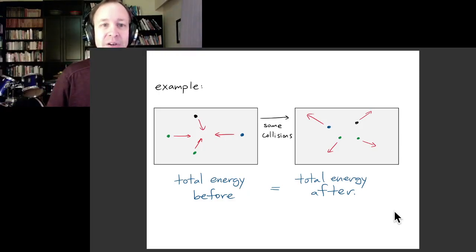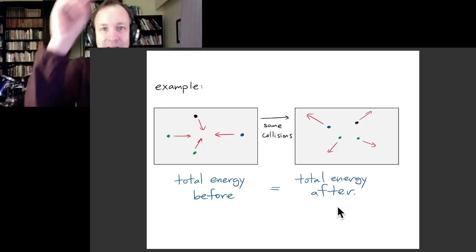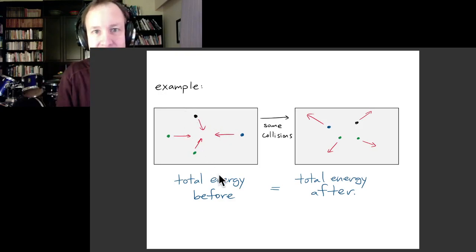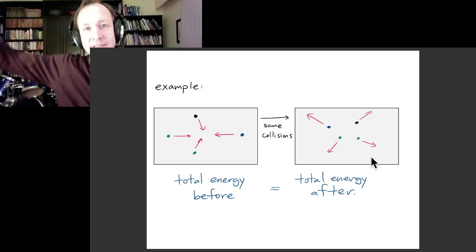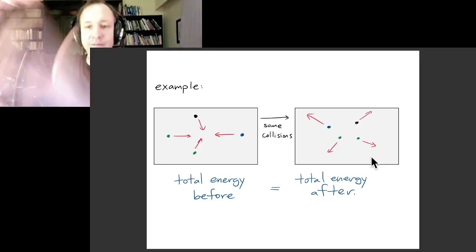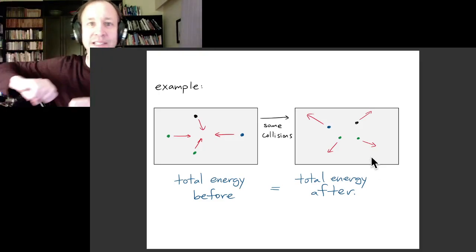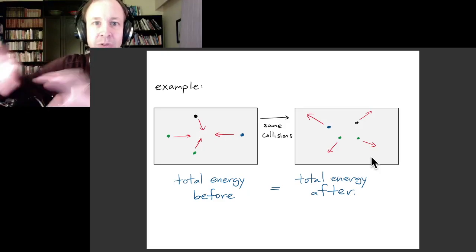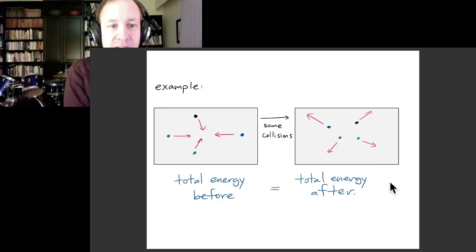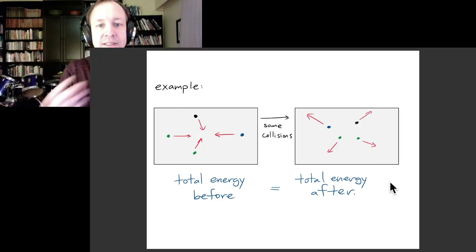What the conservation of energy will tell you is that if you just add up the energies of everything before, their mass energy and their kinetic energy, and then you look at the final situation, the sum of the energies of all your final objects has to be equal to the sum of the energies of the original objects. So this is a very powerful result that we'll see many times in this course.